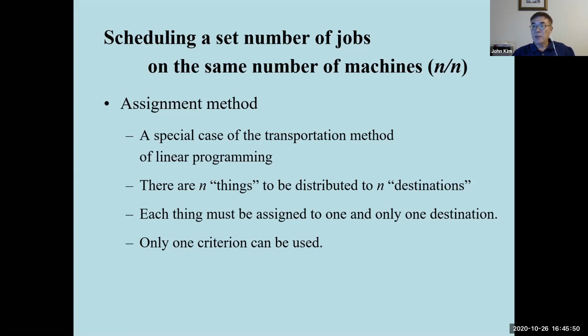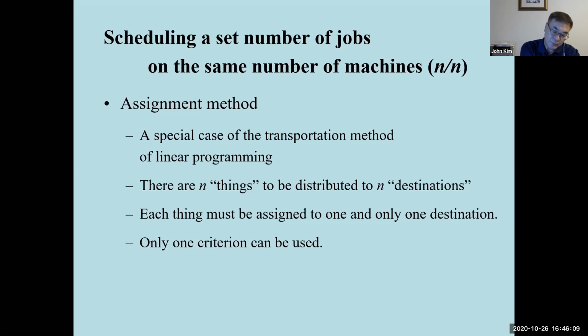This assignment method is a special case of the transportation method of linear programming. We will cover linear programming later.